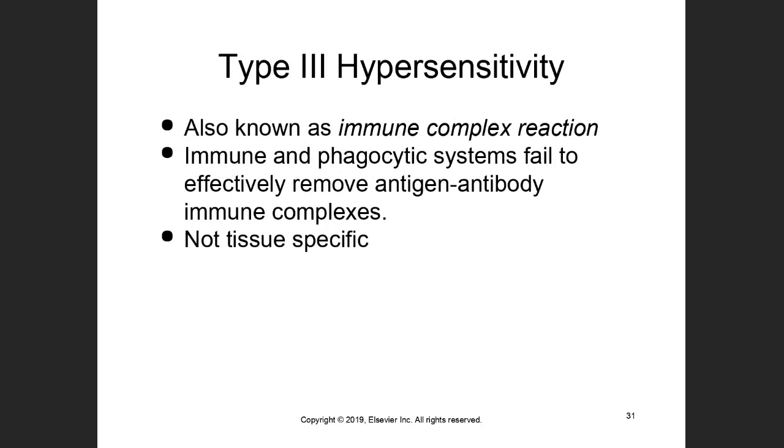Now we have type 3. Okay, remember, the first one is immunoglobulin E. The second one is the Rh reaction, immunoglobulin G, and it's cytolytic. Okay, this one is an immune complex reaction. That's extremely important.